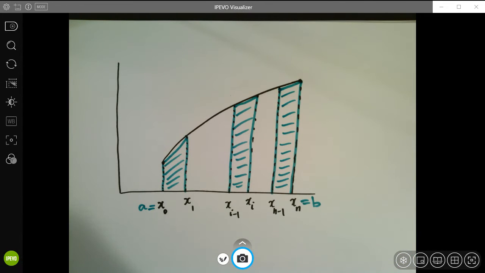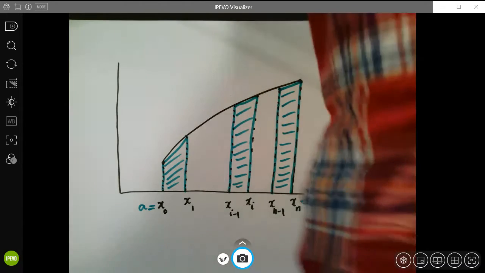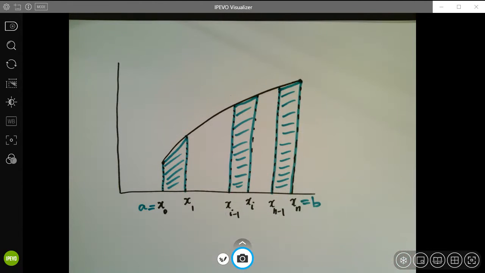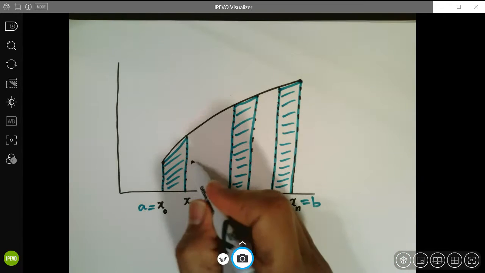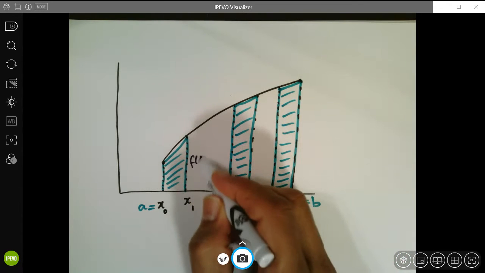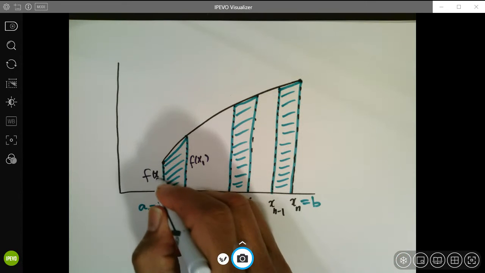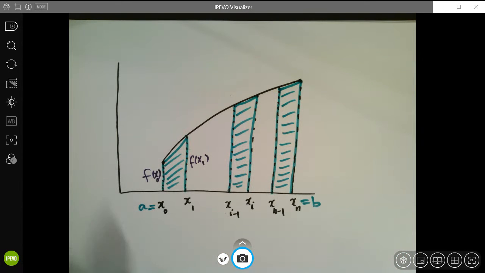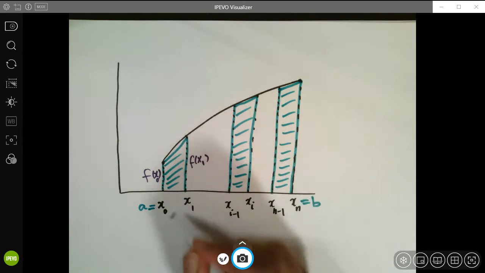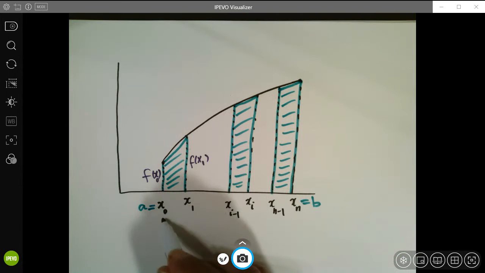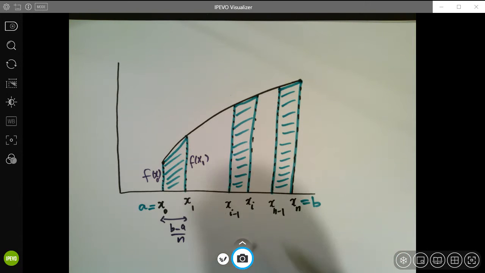If you add this up, you will get something like this. What is this one? This one is f of x0, that is f of a, and this is times delta x, which is b minus a over n.